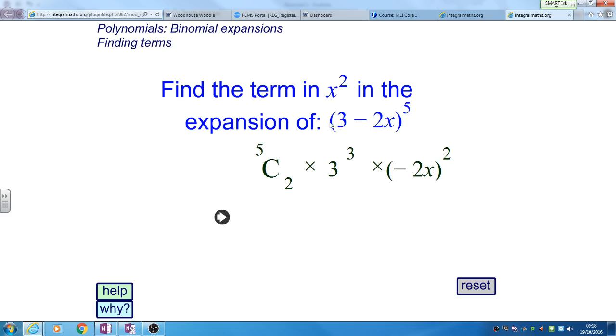We know that the x squared term is going to come by doing a (minus 2x) squared. And we'll have 5C2. And therefore the other will have to be to the power 3. We can then work out what we'll get. And we should get 1080x squared. So could you copy that down, please?